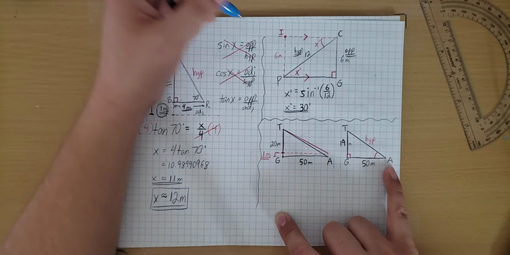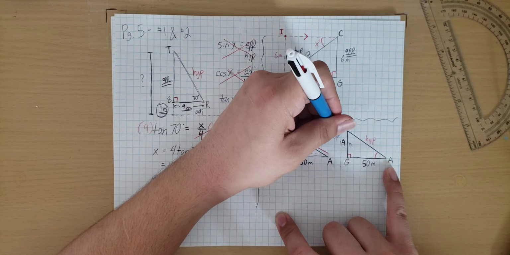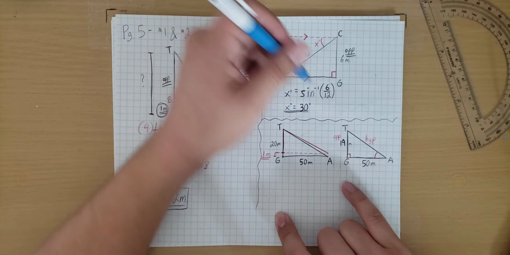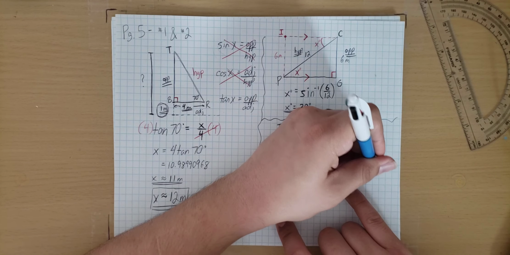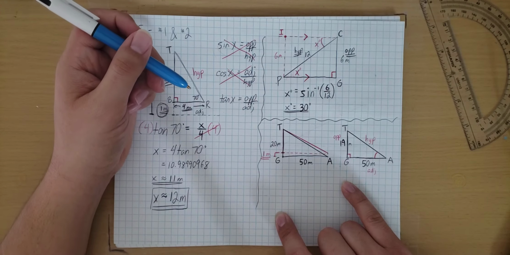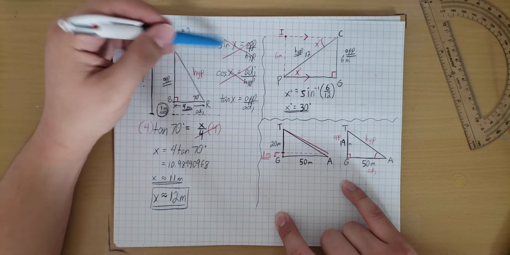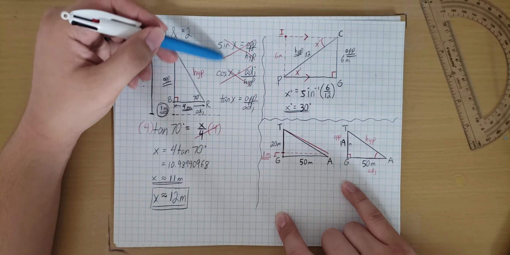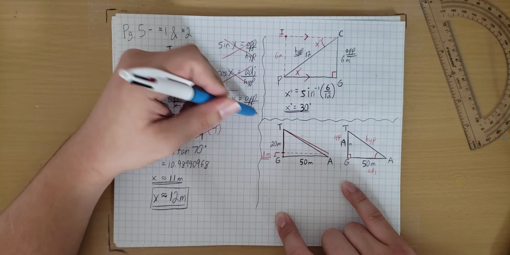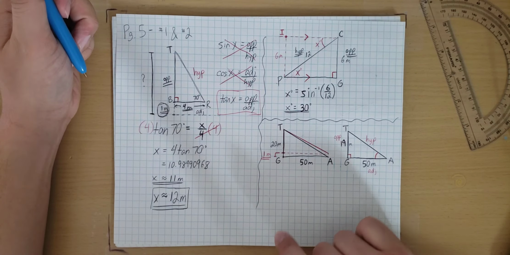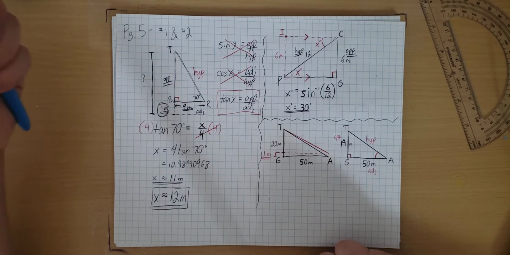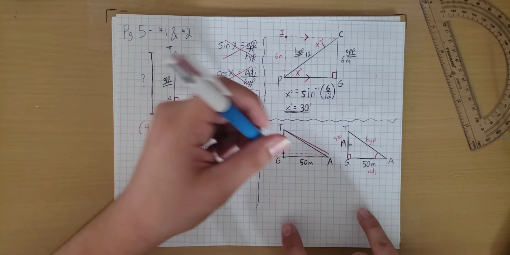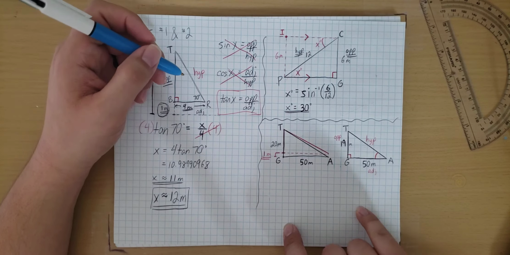With respect to angle A, the tree is the opposite side, and the distance to the tree from the astronomer is the adjacent side. So we have no hypotenuse, which rules out sine and cosine. Once again, we must rely on tangent, or rather inverse tangent, since we're solving for the angle measure.